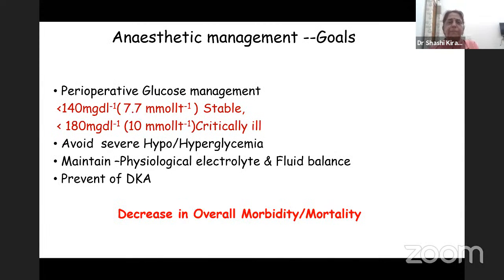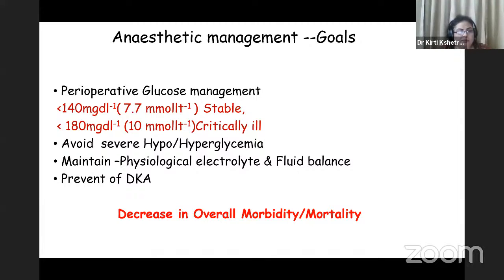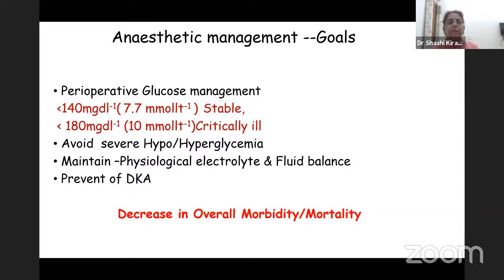The goals of perioperative glycemic control will be, if my patient is stable, a blood sugar of less than 140 mg%. I have given values both in milligram% and millimoles; roughly the conversion factor is 18. And if it is a critically ill patient, then I would like to have the blood sugar well below 180 mg%.